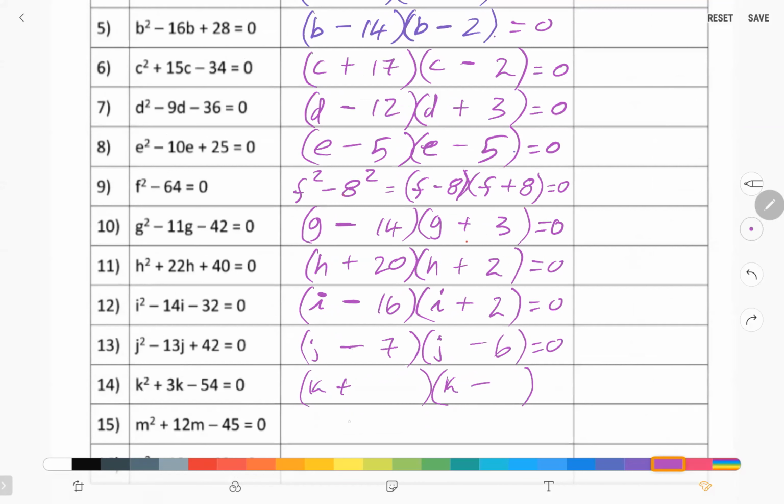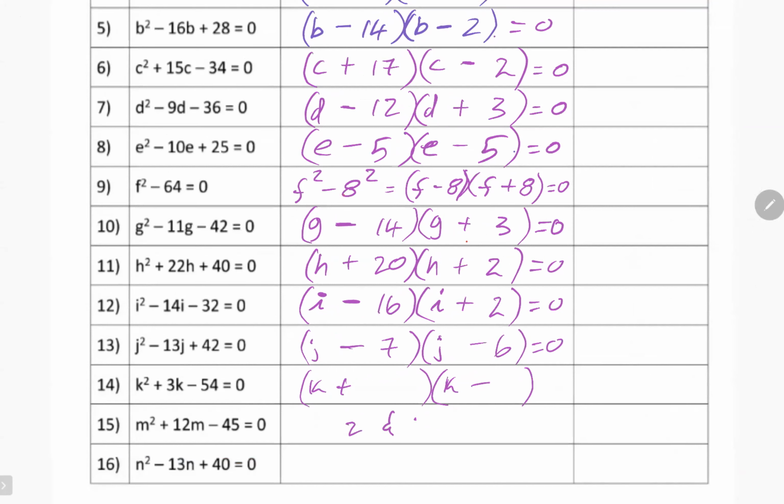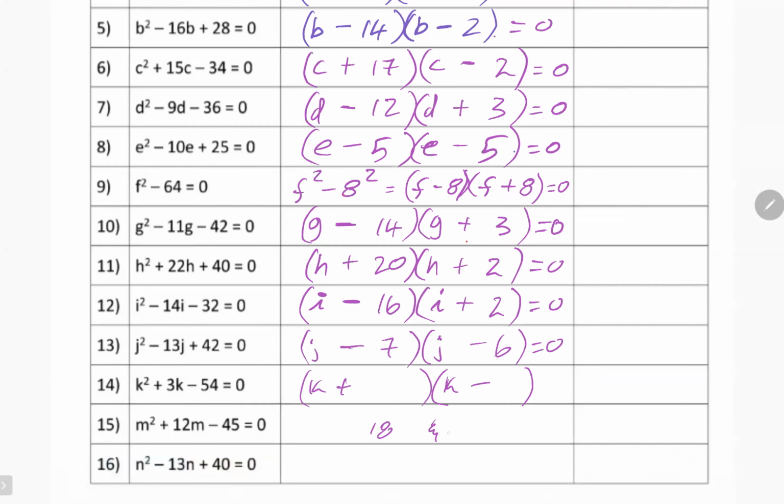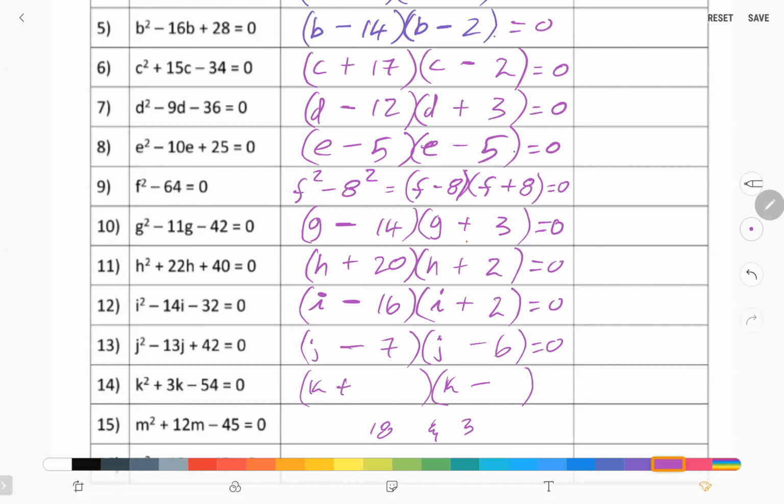54 divided by 2 is 27, no, that's not it. 54 divided by 3 is 18 and 3. The difference must be 3, so you don't want that.